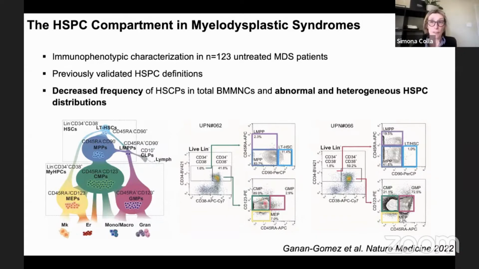Now, after the single cell technique was established, the second, and also the level of the stem cell, this particular subtype of MDS was characterized by an increase of the more primitive stem cell, the one at the top.